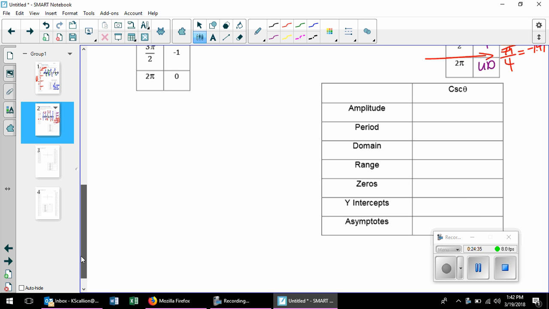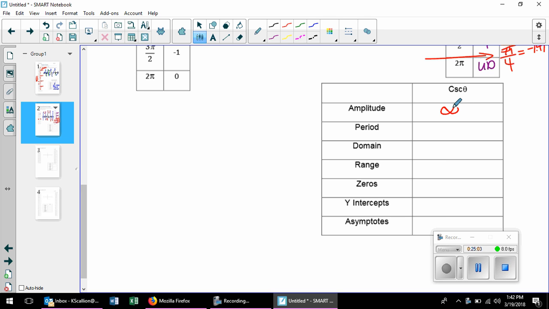Okay, now you're talking range. You're right, but that's the range statement. Amplitude is how high the graph goes. What's the max? Infinity. What's the min? Negative infinity. So it's infinity. You can already jump across to my range.